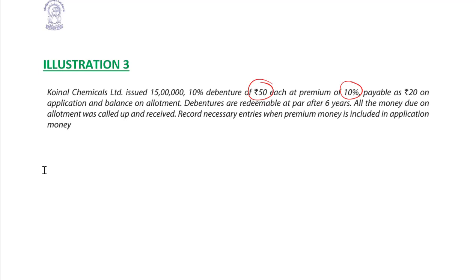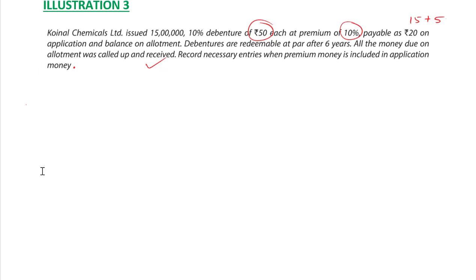Debentures are redeemable at par after 6 years. All the money due on allotment was called up and received. Record necessary entries when premium money is included in application money. This simply means the 20 on application is 15 plus 5. Solution.